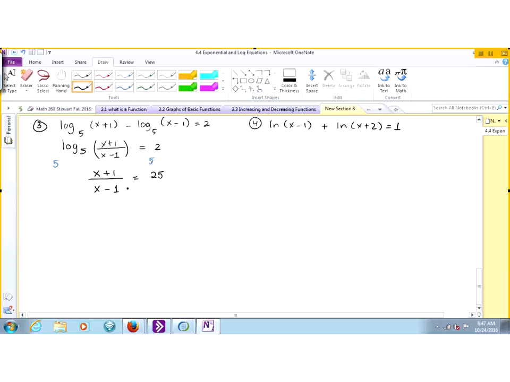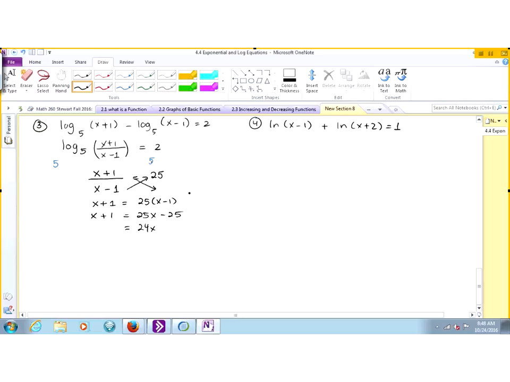All right, can we solve this? Oh yeah, this is a proportion. Or you could say, I'm going to multiply both sides by x minus 1. So x plus 1 is equal to 25 times x minus 1. So x plus 1 is 25x minus 25. All right. So where do I want my x? Left or right? Right? Okay.